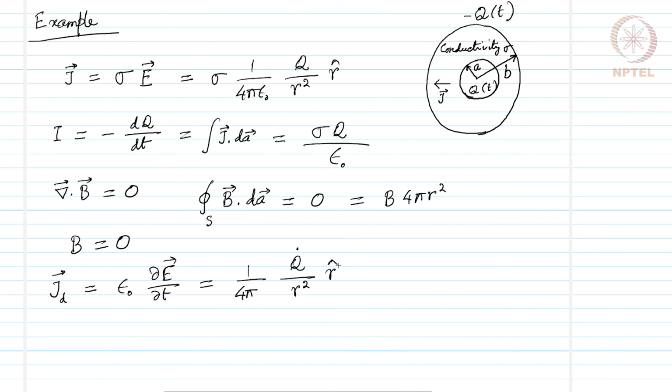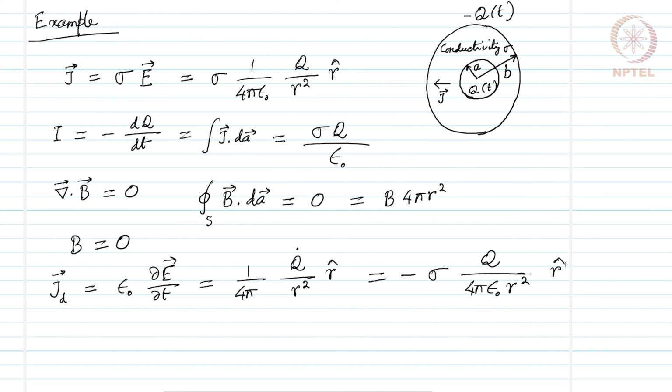This is the expression for the displacement current, and it is exactly equal and opposite to the current that we have, minus sigma Q over 4 pi epsilon naught r squared, in the r cap direction.